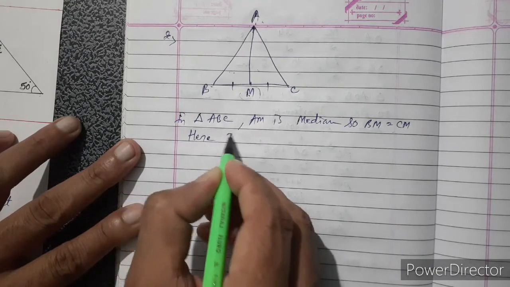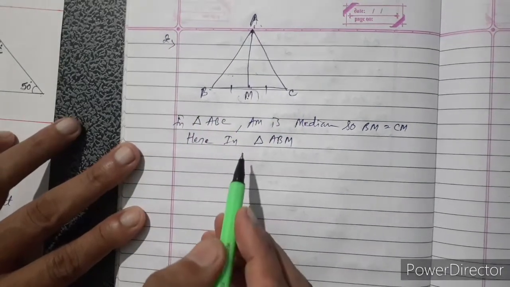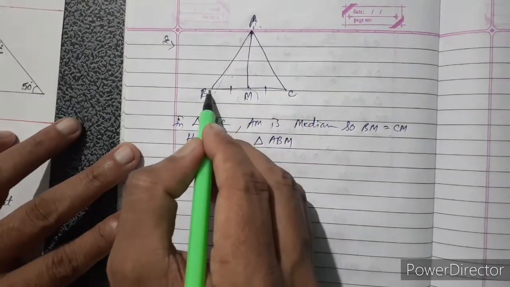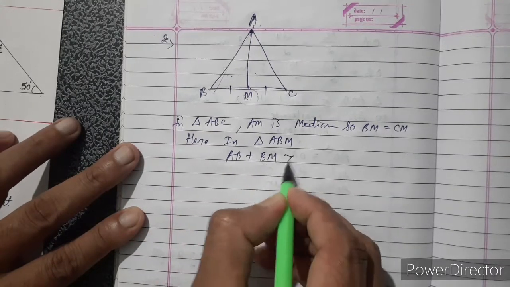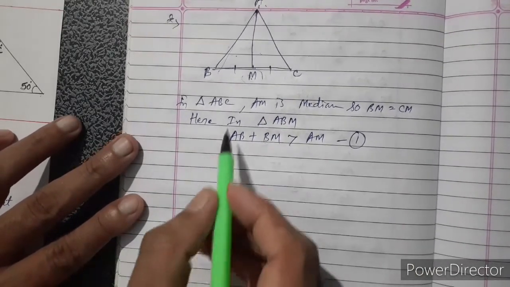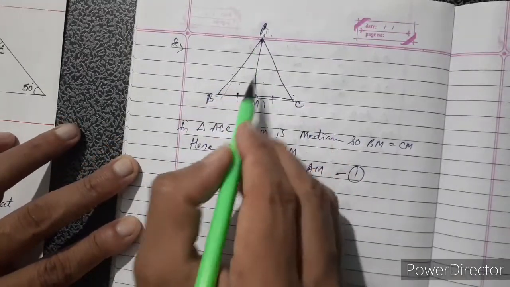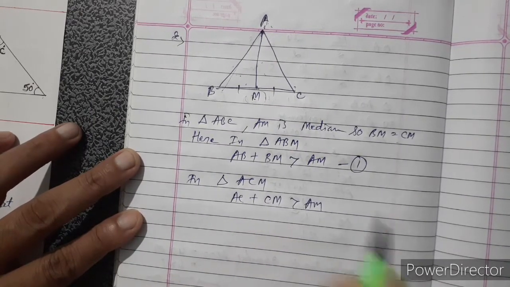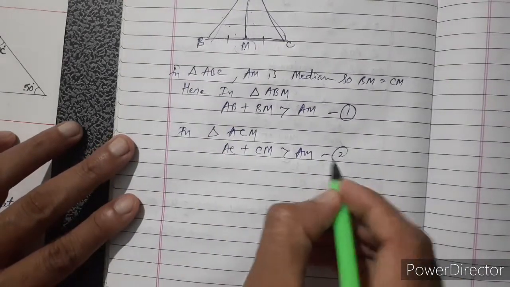In triangle ABM, we know that the sum of two sides is greater than the third one, means AB plus BM is greater than AM. That's your first result. Same in triangle ACM, AC plus CM is greater than AM, that is the second result.